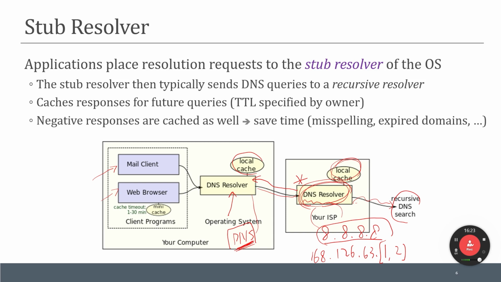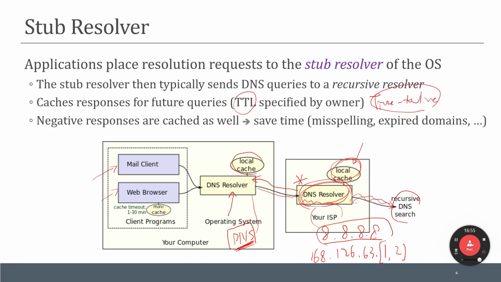And if new information has been obtained, then this information is cached for future queries. And the owner can specify TTL, or time to live. So, for example, if you set up a 1 hour TTL, then that information can stay alive in a local cache for an hour.